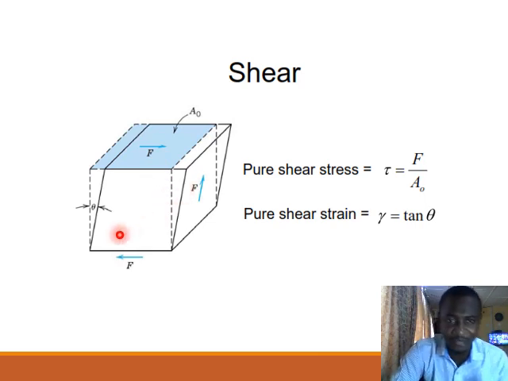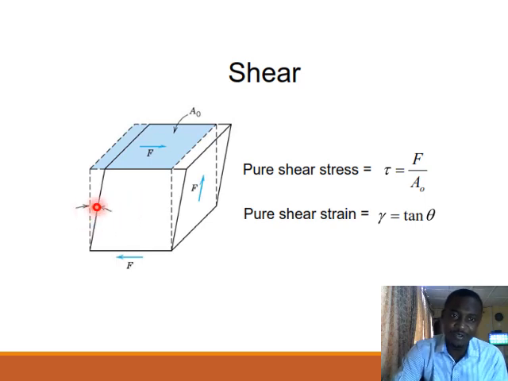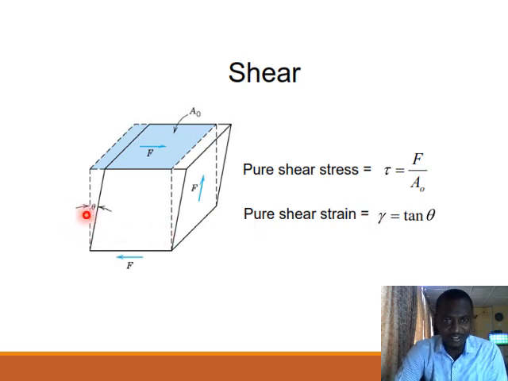You have a deformation which now gives the material the thick line structure. So there's an angular difference between the initial state and the final state. This angle theta is what defines the deformation you have with shear loading. For pure shear strain, the shear strain is going to be the tangent of this particular angle. It is as simple as that.